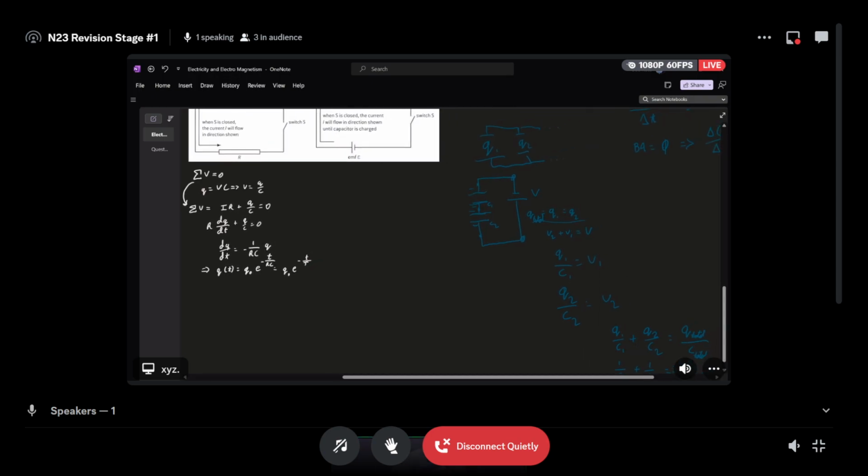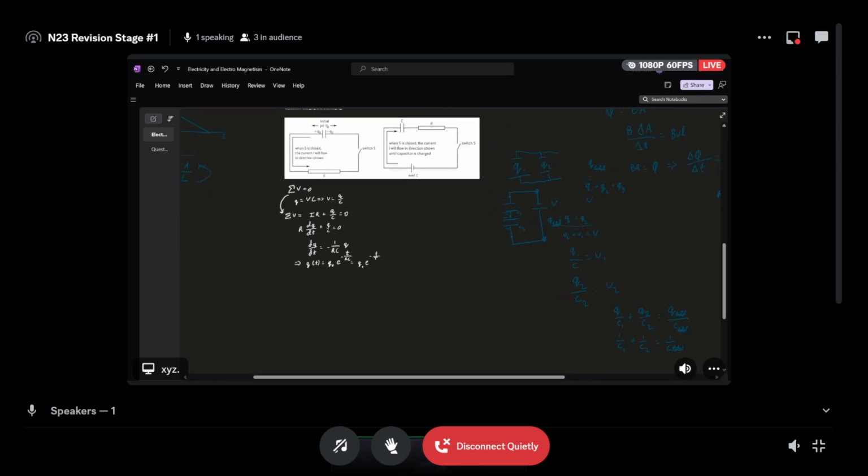And so Q total will be equal to Q1 plus Q2 plus Q3, whereas voltages will be the same in each branch. So they essentially switch roles.